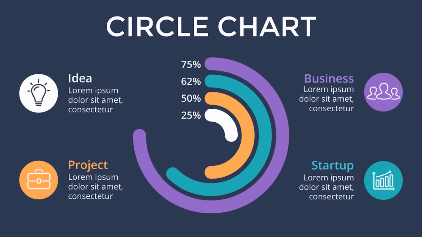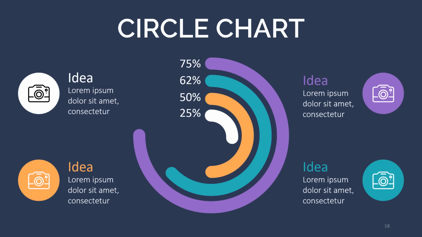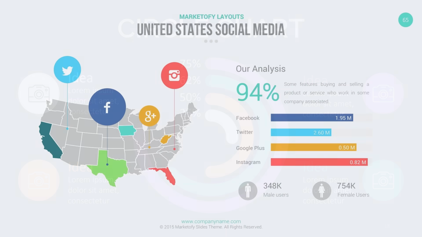Slide design number 9, so basically here we have learned how to create a custom chart made out of beautiful tubes that you can create with a tool called Arc. And the last one is a map of United States social media. So this was basically to illustrate to you how you can create those map slide designs.